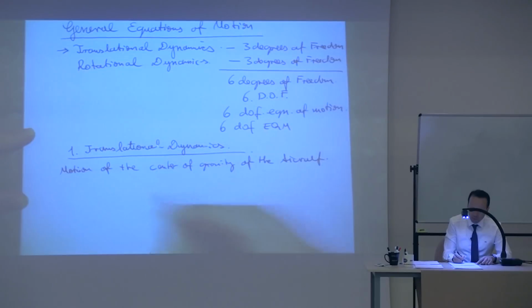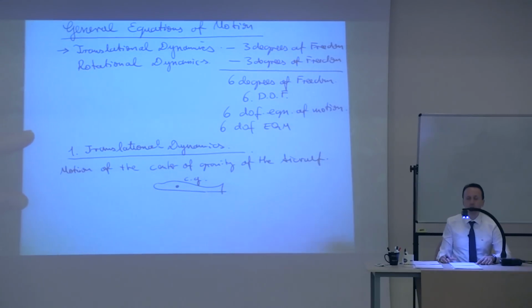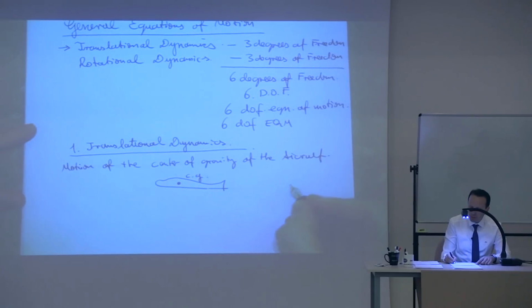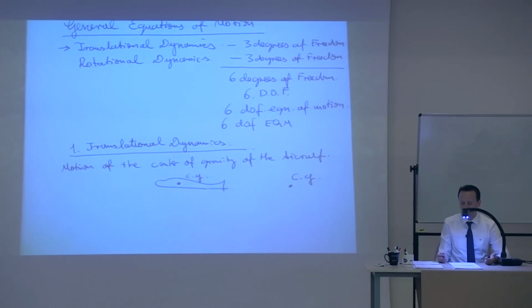So if you think about it, if you had an airplane that looks like this, and this is the CG, the center of gravity of the aircraft, we are really interested in this point. So we are not really interested in this 3-dimensional body. We are just interested in this point. So I will look at the motion of this point, how this point moves. Okay? This is what we do when we talk about translational dynamics.